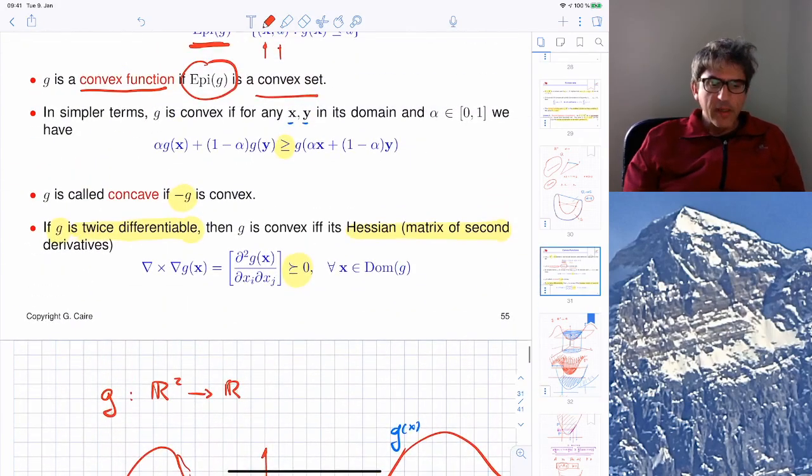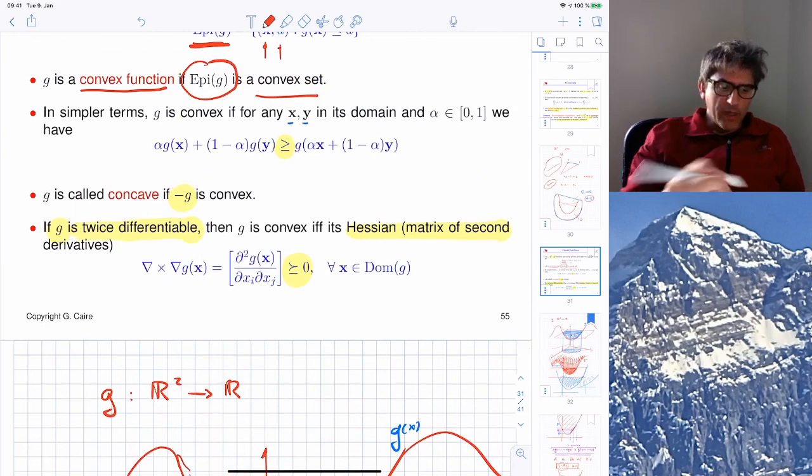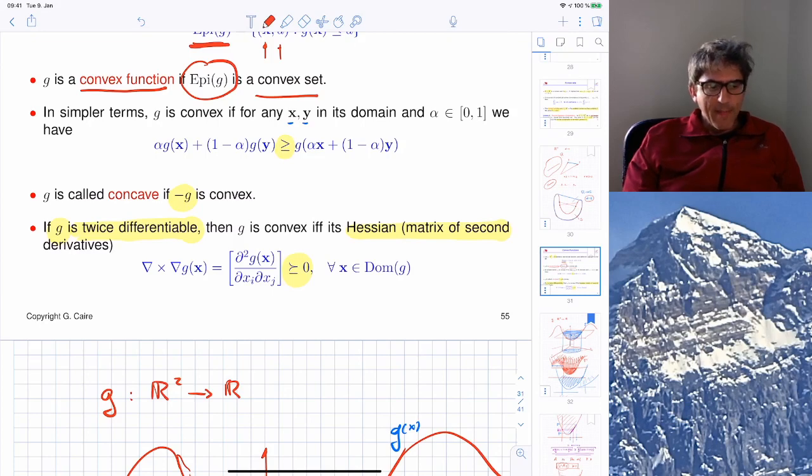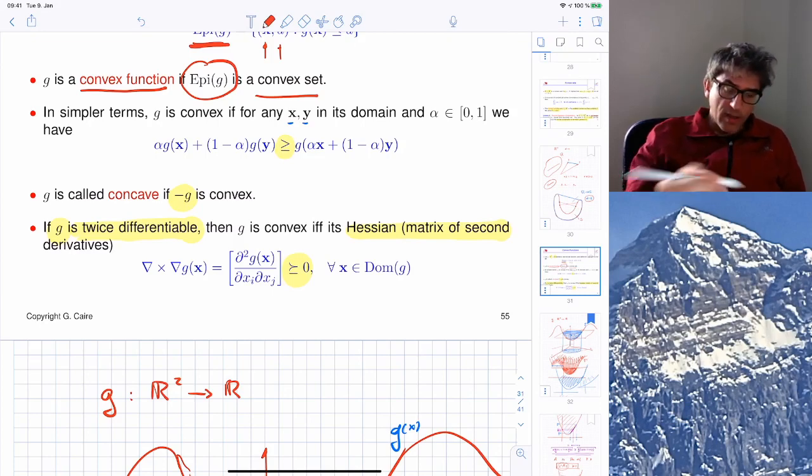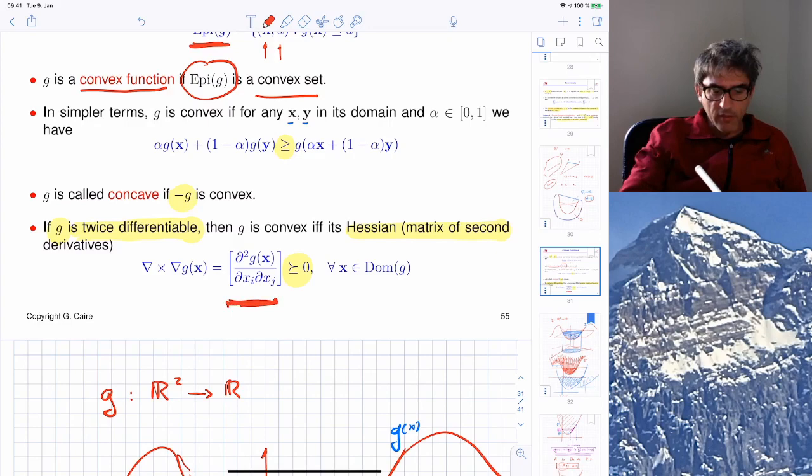So you have these things to remember. In other words, how do I check if a function is convex? Well, if it is differentiable twice, then I look at the Hessian matrix, the matrix of its second derivatives, and I study it and see if it is positive definite. Otherwise, well, it's a good question.